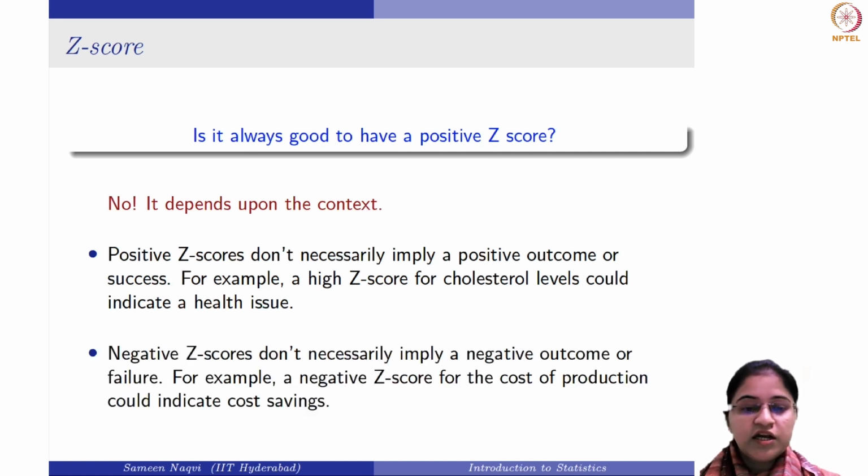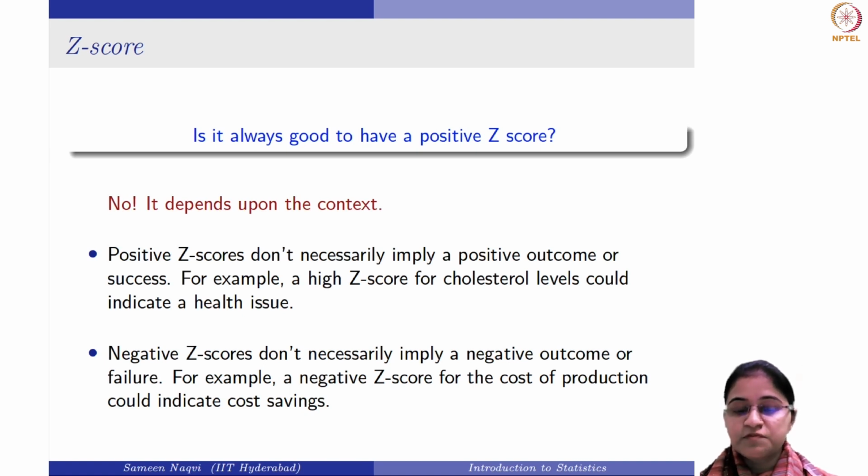Similarly, negative z-scores also don't mean that it is referring to a negative outcome or a failure. Because if you have data where you have the cost of production given to you and you calculate the z-scores for them, you might get a negative z-score if the cost of production is less than the average cost.